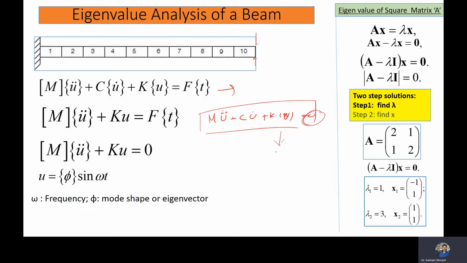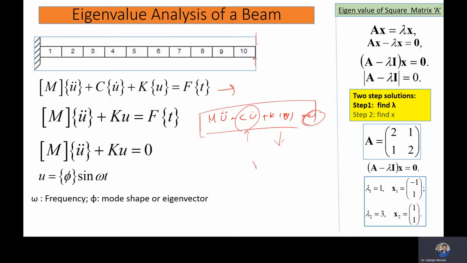Now this is not sufficient for an engineer to get the solutions. We can solve it, but if the damping term comes in, we will get complex eigenvalues and eigenvectors.